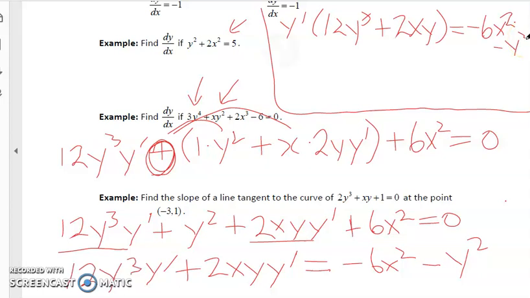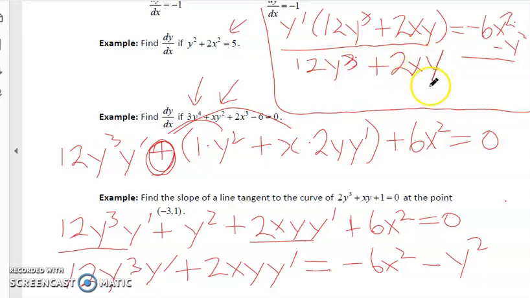And now to get the y prime by itself, all you do is divide both sides by this thing, 12y cubed plus 2xy. Divide the right side by it as well. Now these will cancel, and you've got your y prime by itself.